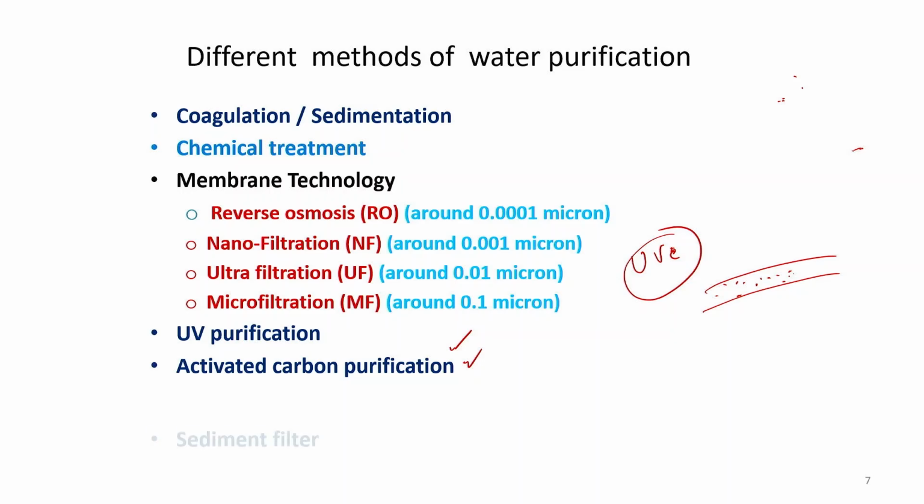So, these are the different methods, and then for very large particles, as we have mentioned, a sediment filter is used for larger particles. Now, let us discuss in detail one by one.